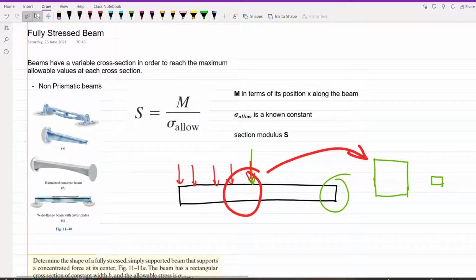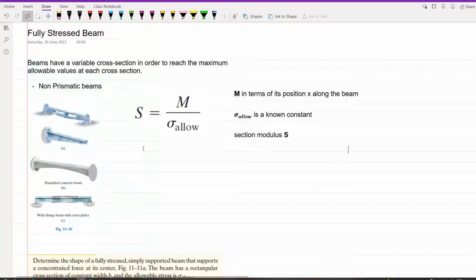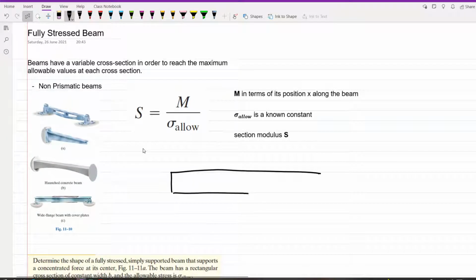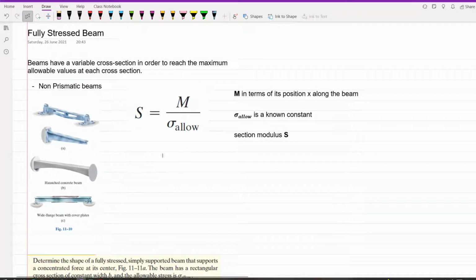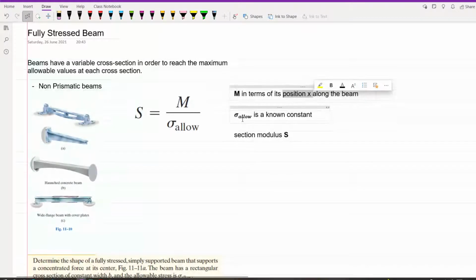That is the concept of fully stressed. So, at each point within the beam, along the length of the beam, starting here, at each x the allowable values are maximized. The formula is this again: S is equal to the moment in terms of position x along the beam, over the allowable bending stress.